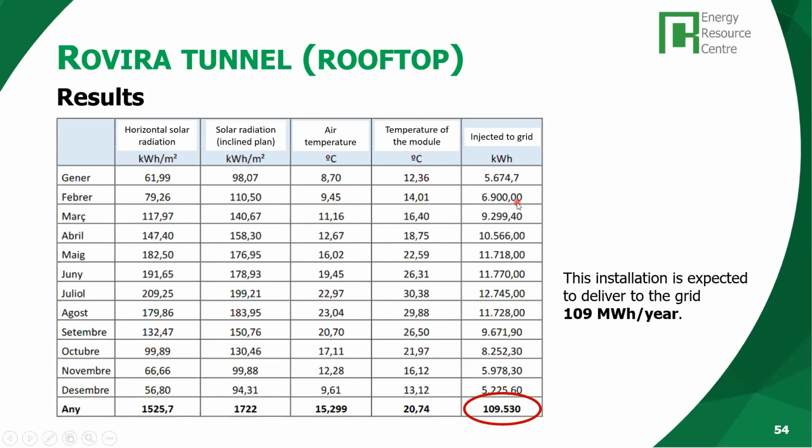And finally, the amount of electricity that this 75 kilowatt peak system is expected to be generating and injecting into the grid. You can see the same PV system would be generating double the amount of electricity in the summer than in the winter, for a total yield of 109 megawatt hours per year.